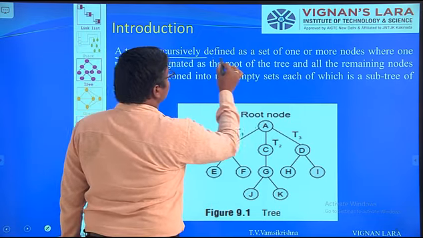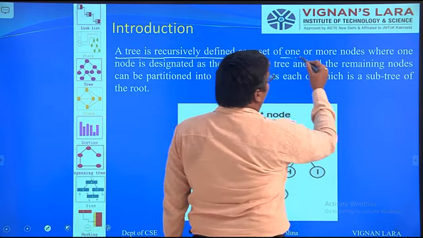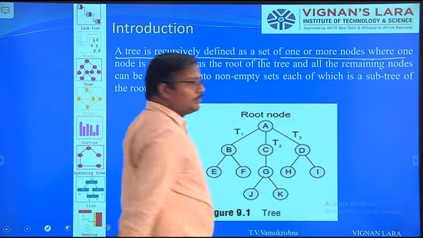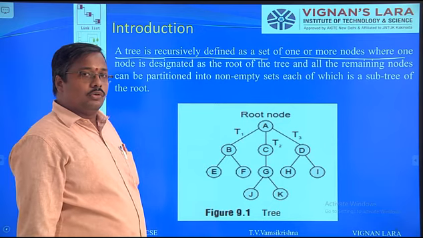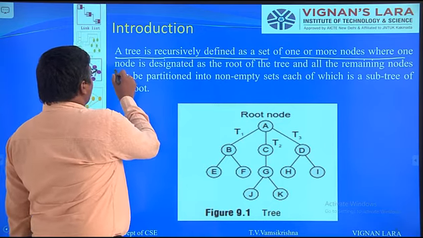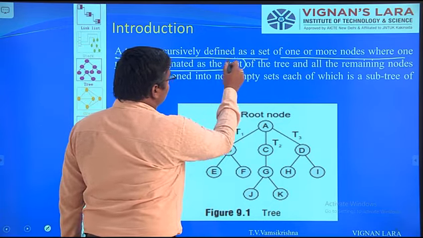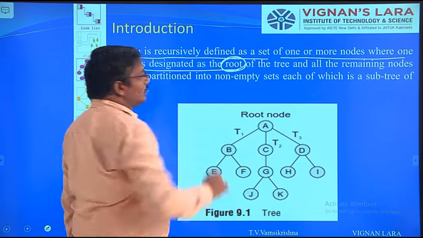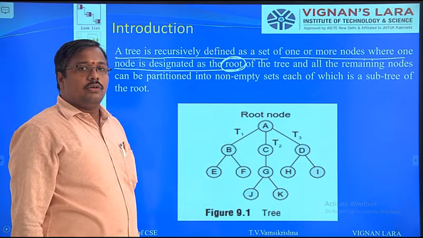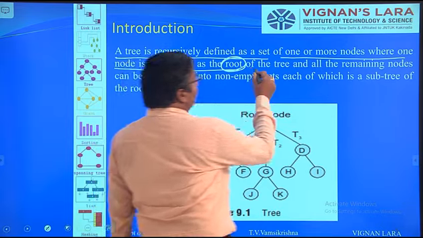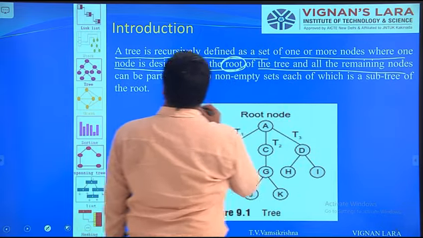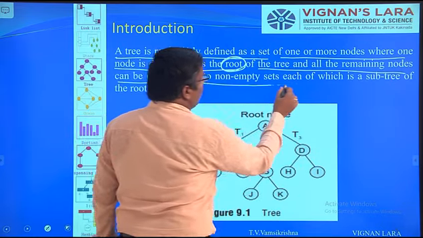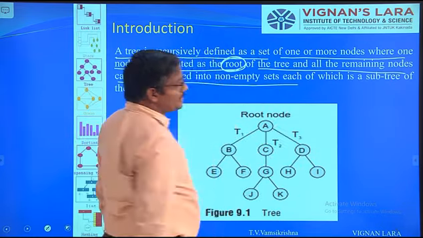A tree is recursively defined as a set of one or more nodes, where one node is designated as the root, and all the remaining nodes are partitioned into non-empty sets, which are called subtrees of the root.